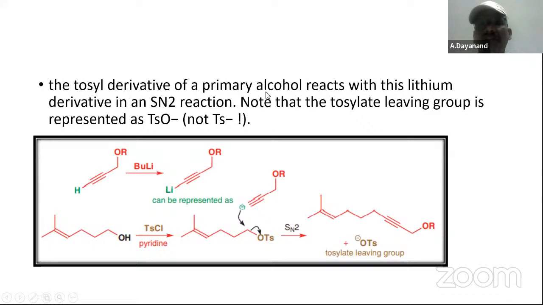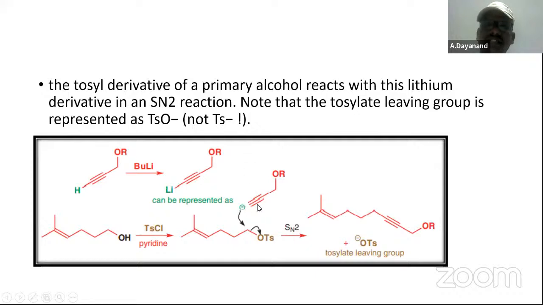Tosyl derivative of a primary alcohol reacts with this lithium derivative in an Sn2 reaction. Okay, the tosylate leaving group is represented by OTs minus. First of all, it is converted into this tosylate. After converting into tosylate, we can use this alkyl derivative compound, and it can easily bind with this one.